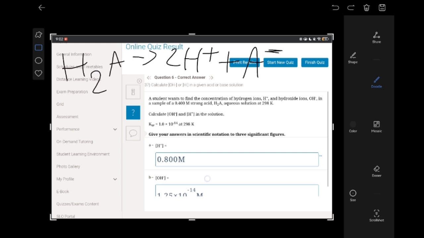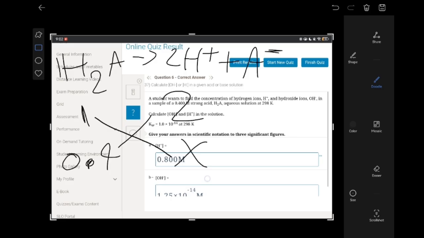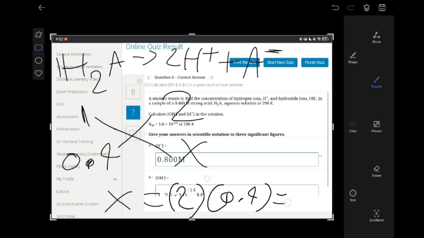So now it's not a 1-to-1 ratio anymore, it's a 1-to-2 ratio. So 1 gives you 2, 0.4 molarity gives you X. Cross multiply. X equals 2 times 0.4, which is equal to 0.8. That's why I wrote it here. See?